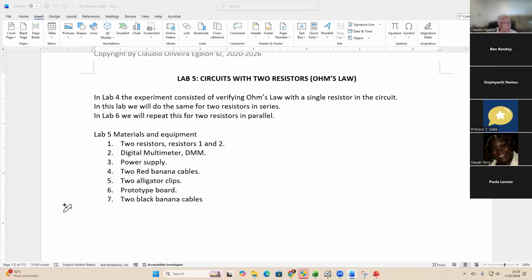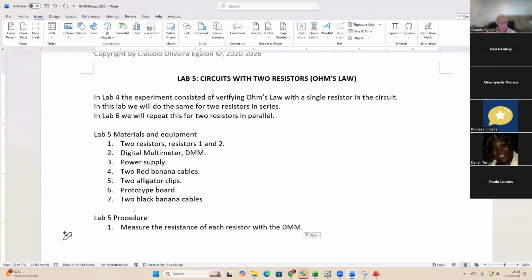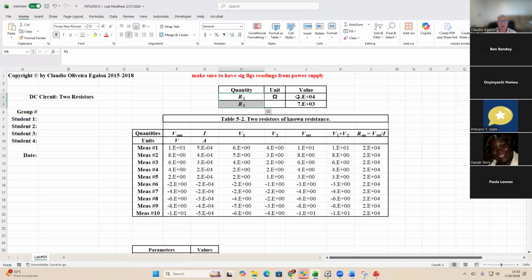The first step in the procedure is to measure the resistance of each resistor using the DMM. That's where we get the values here, R1 and R2.